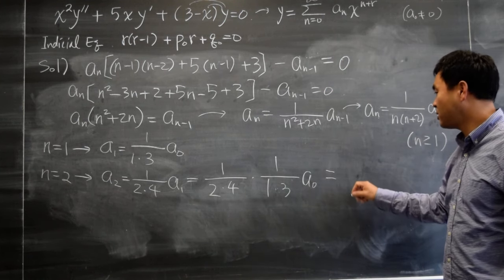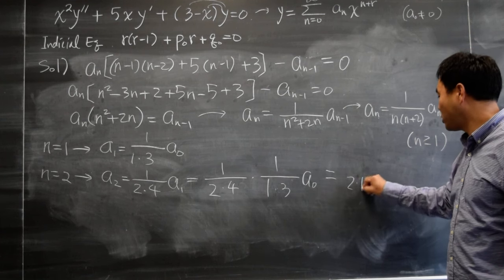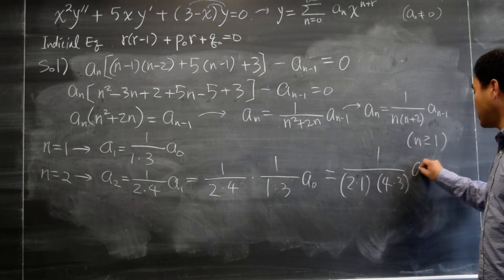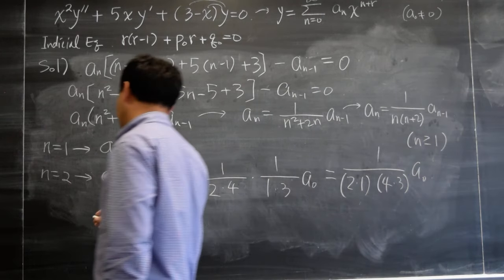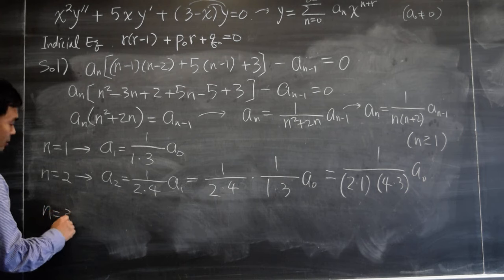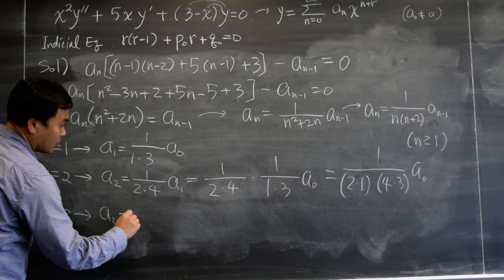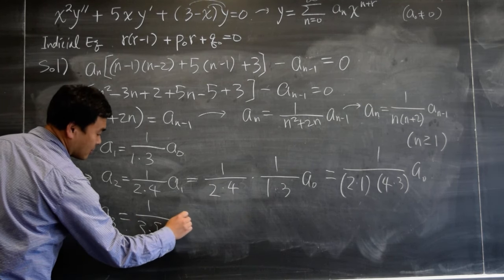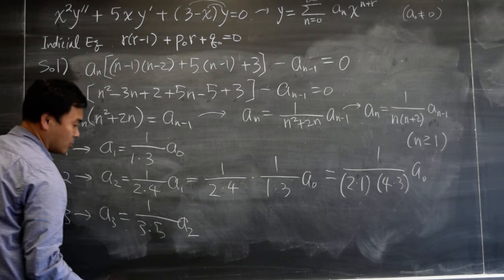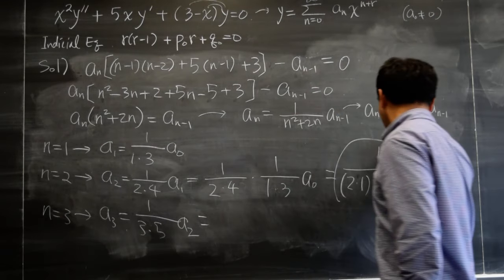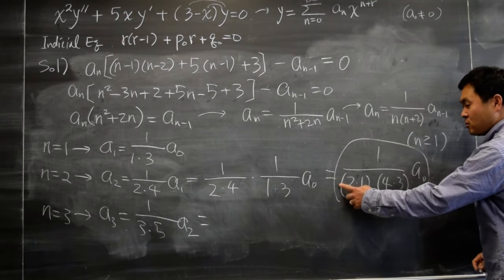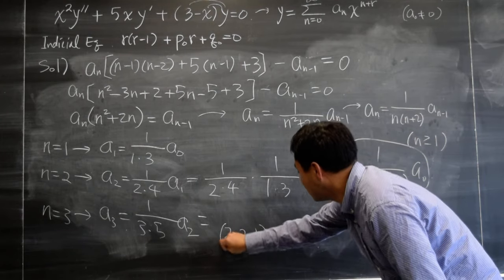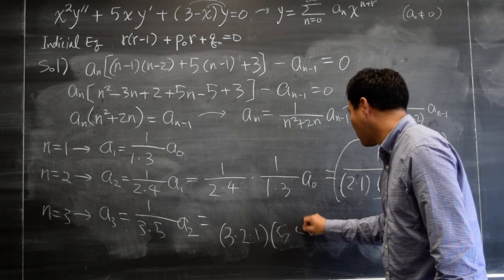Therefore, this is 1 over 2 times 1 and 4 times 3, times a0. n equals 3 gives you a3, 1 over 3 times 5 times a2. And because a2 is this much, if you multiply 3 to this and 5 to this, you get 3, 2, 1 times 5, 4, 3, of a0.